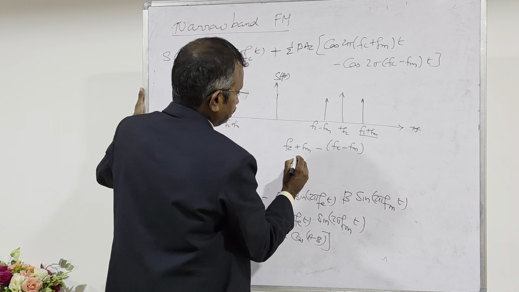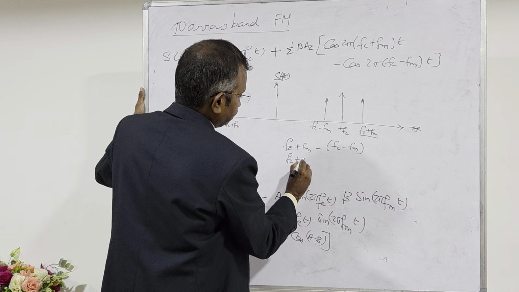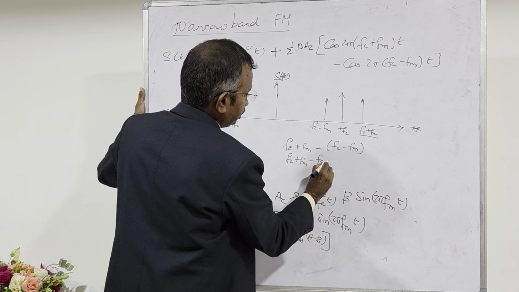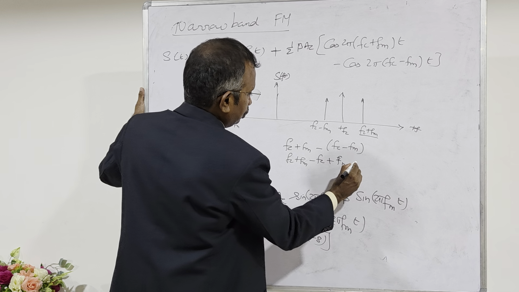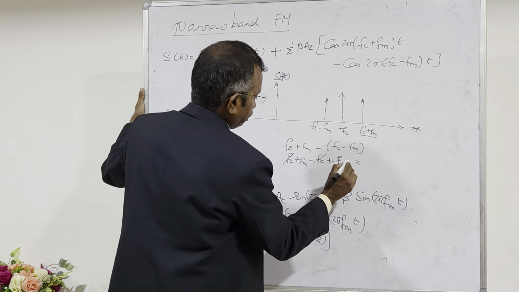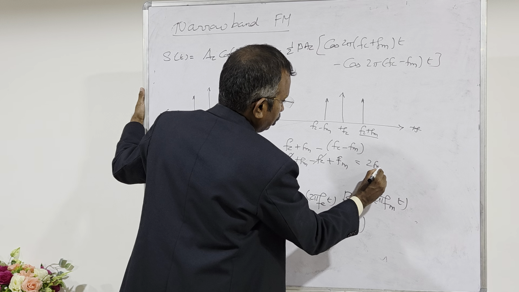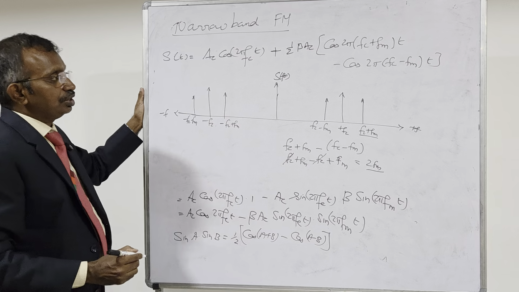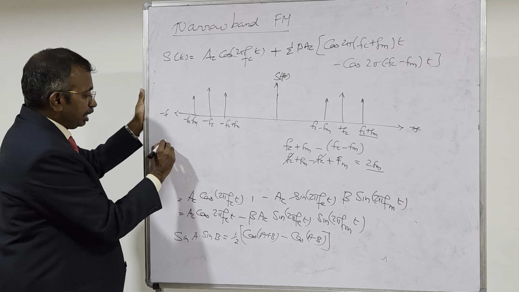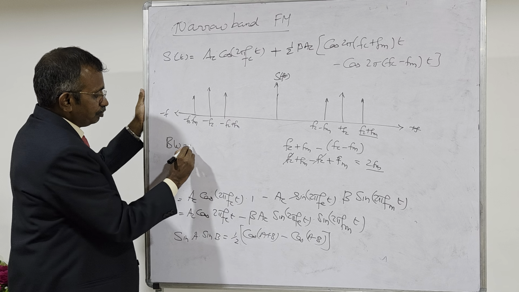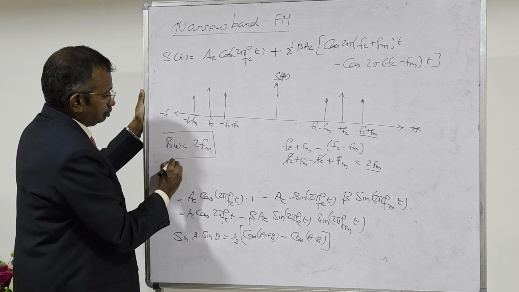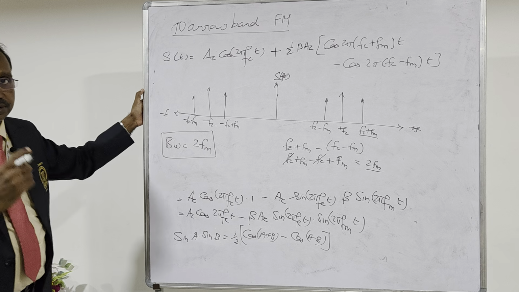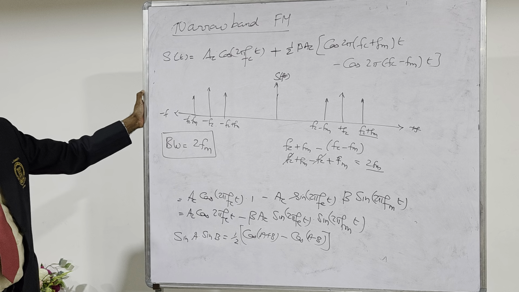So fc plus fm minus (−fc − fm). The fc and fc will get added, so that I have 2fm. So the bandwidth of the narrowband FM signal is 2fm.